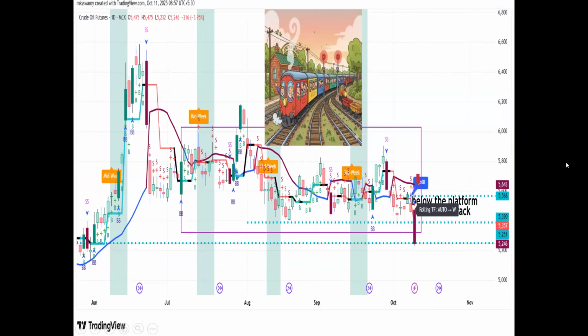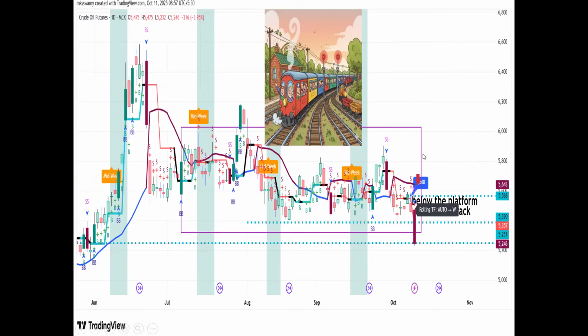So here is an example I'm showing you. I've combined it with my other indicator, the midweek of the month alert. These are also like stops, junctions, to know what is going to happen.